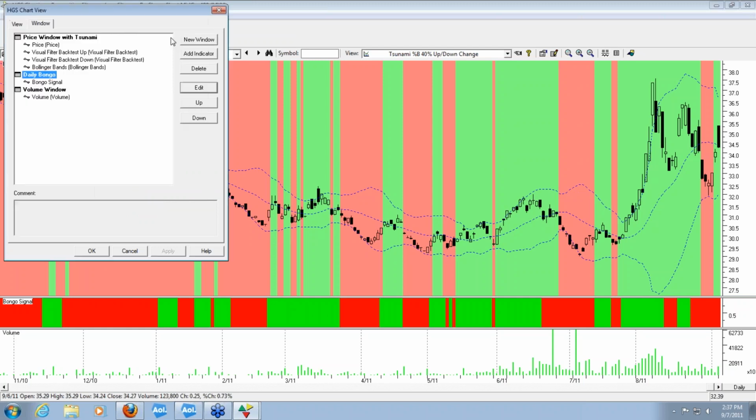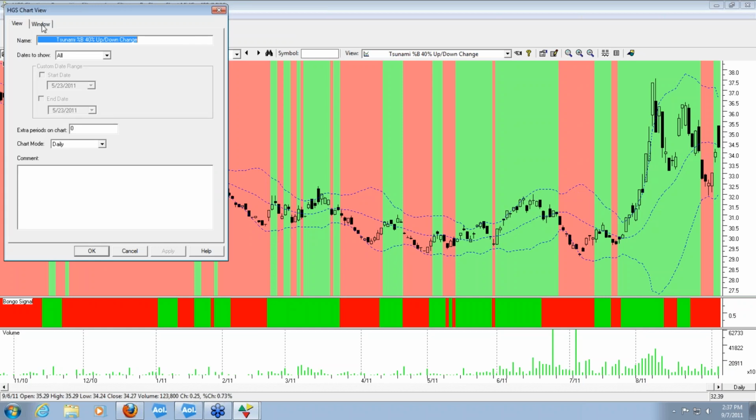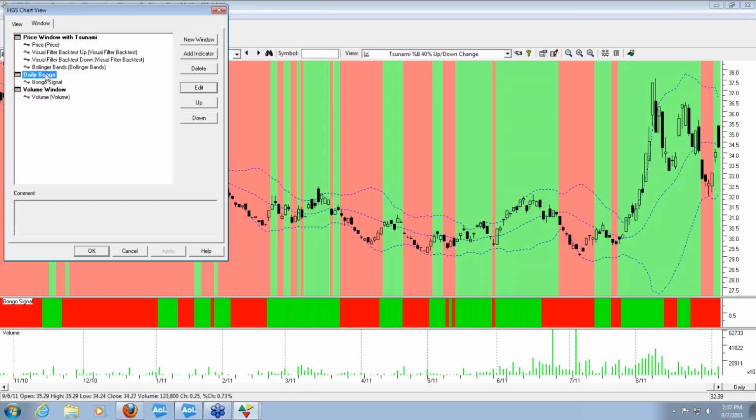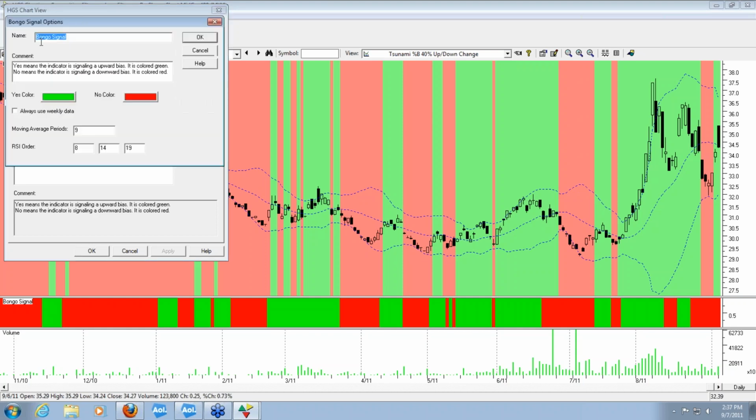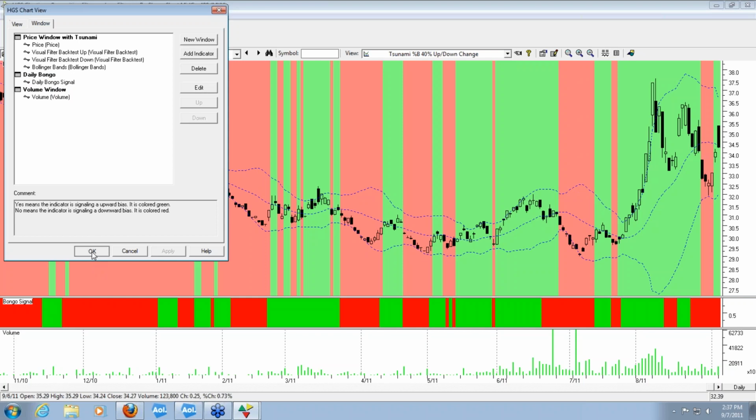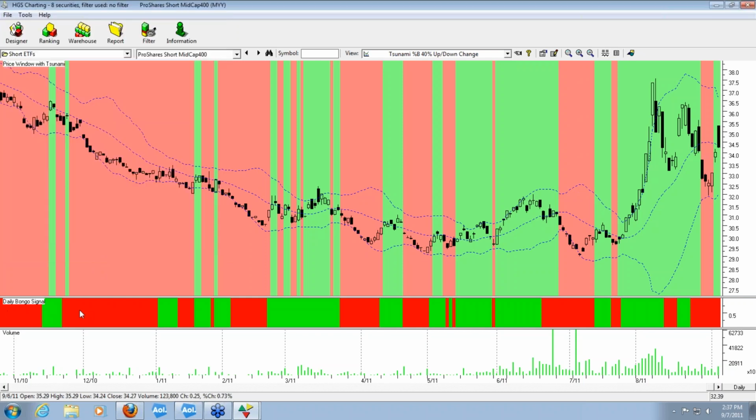Okay, I did it in the wrong place. It should say Daily Bongo signal. And this way I know it's a daily Bongo signal, not a weekly. But to answer your question, any changes you make apply to that chart only. It's not a default change throughout the system, not in charting.